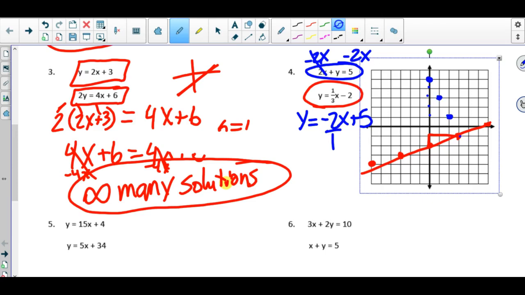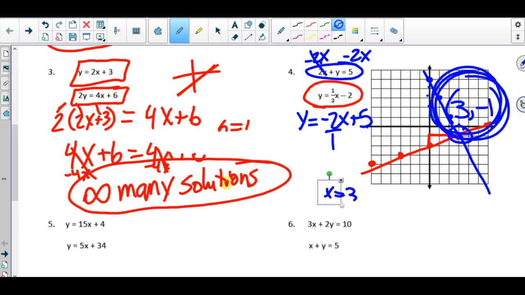Down 2 over 1, down 2 over 1, and I see my intersection point. Here's where they intersect, which is 3, comma, -1. So this ordered pair, that is a good enough answer to write it that way. Or you could say x equals 3, y equals -1. Either one of those are just as good.